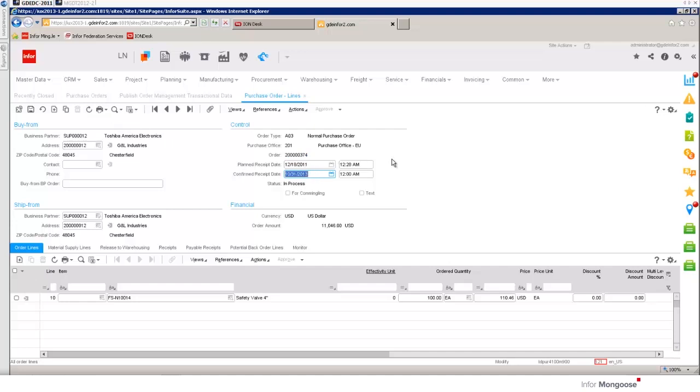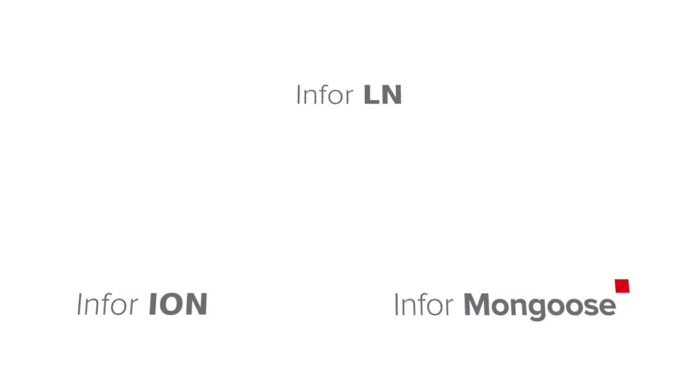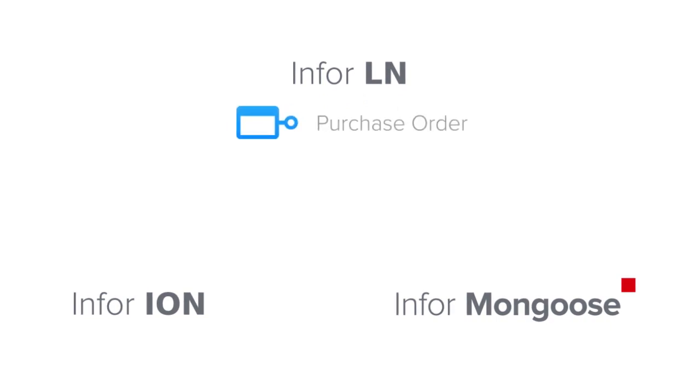Let's review what just happened. We took a purchase order that existed in LN. Then LN generated a BOD, which is an XML, and transmitted it to ION. ION is Infor's Enterprise Service Bus product for facilitating the exchange of BODs between application systems. ION then picked up the BOD and transmitted it to Mongoose.